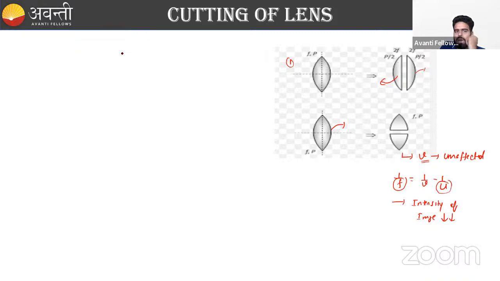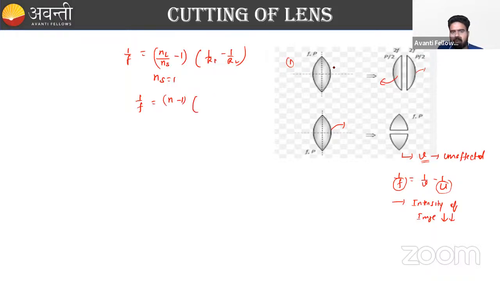And we know that if we apply the formula, the lens maker formula, 1/f = (nl/ns - 1)(1/r1 - 1/r2), right? If we consider that the lens is kept in air, we can say that ns = 1, and 1/f = (n - 1)(1/r1 - 1/r2).